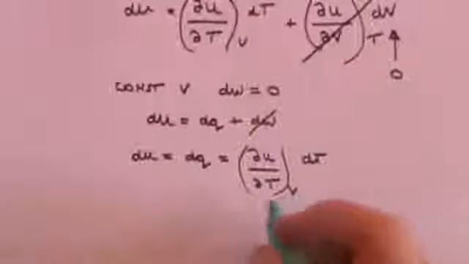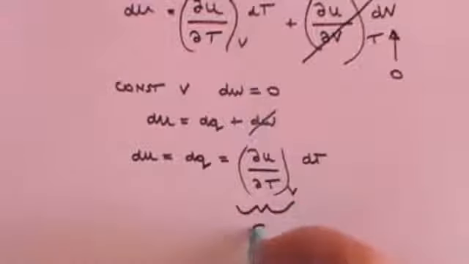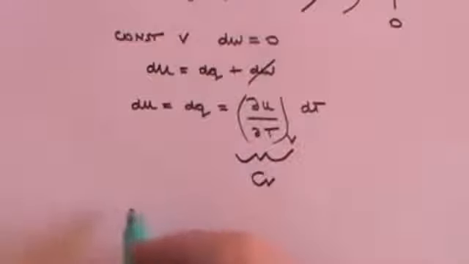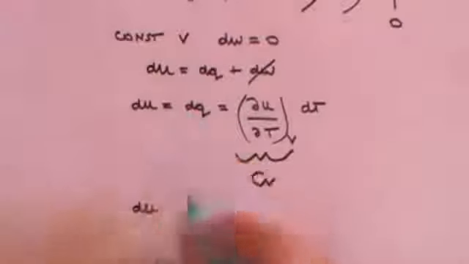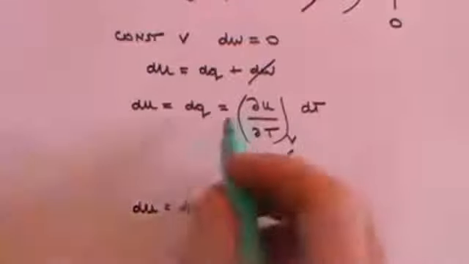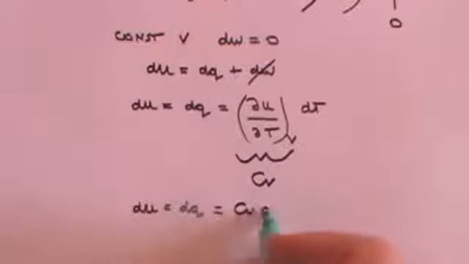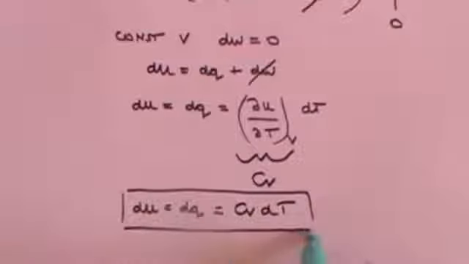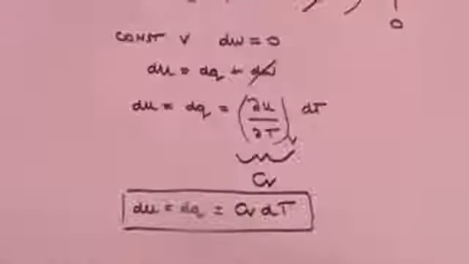And this term here is called the heat capacity at constant volume. And that gives rise to the formula that dU equals dQ equals Cv dT. And we'll need that as we go through this video.